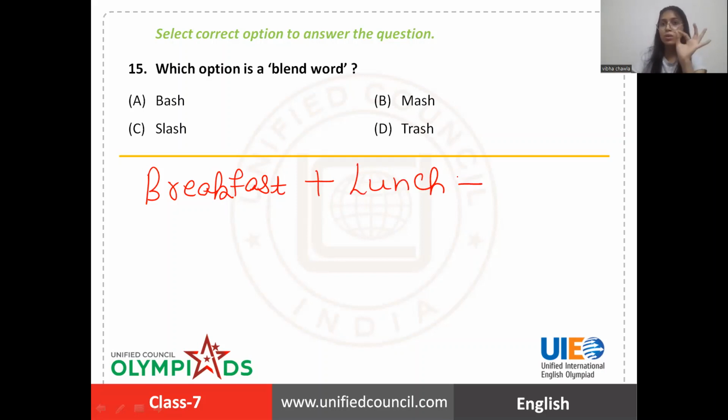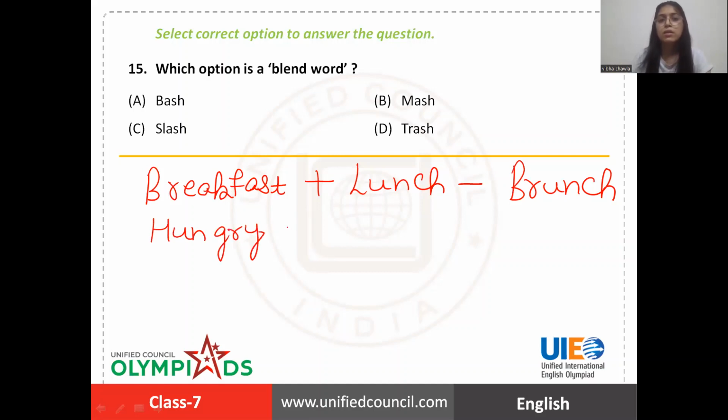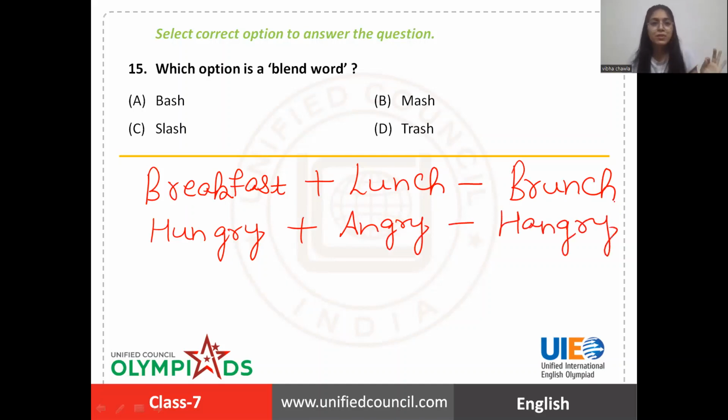And there is a word which is a blend of these two, which is brunch. Breakfast plus lunch is called brunch. Okay, one more. Hungry plus angry is called hangry. So these are blend words.